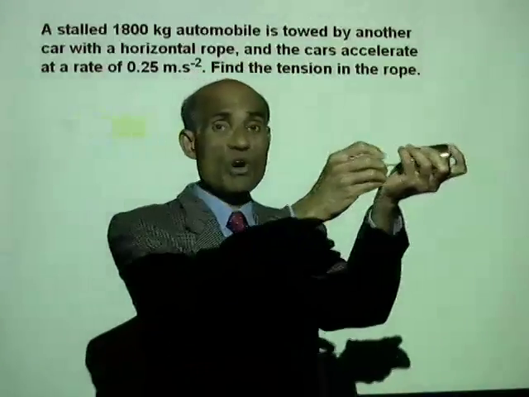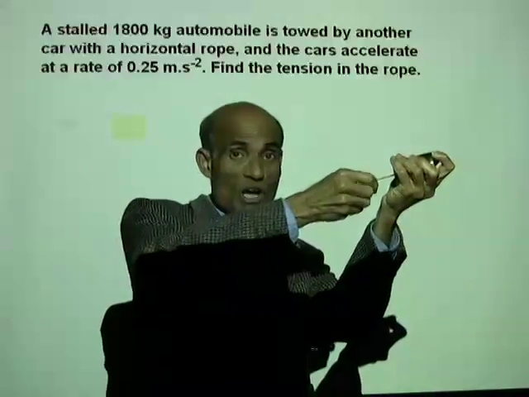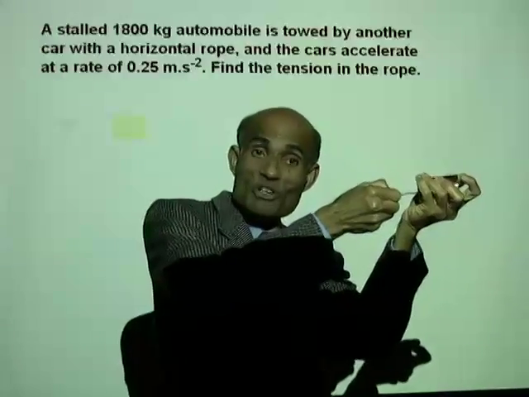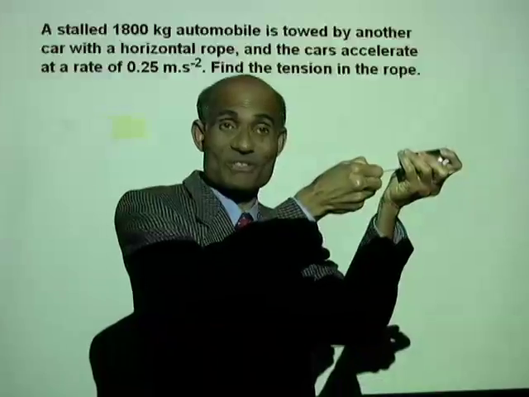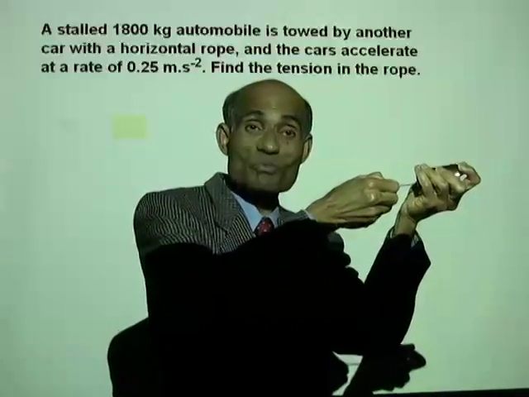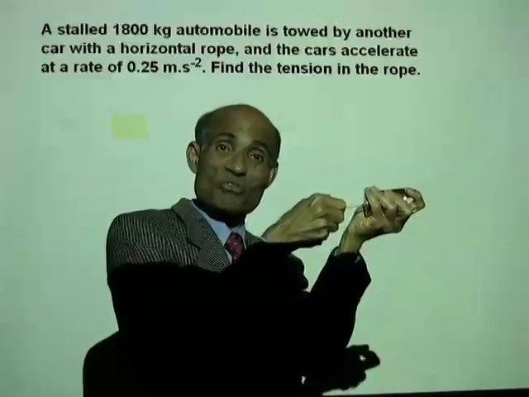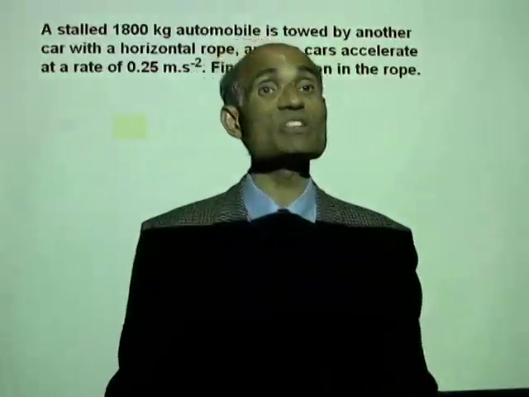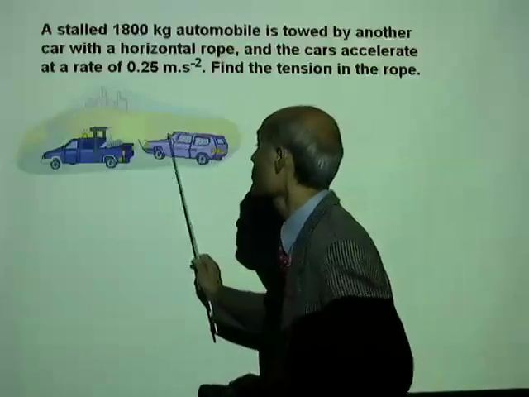So, when a stalled car is being pulled by another car using a cable, the tension in that cable is the net force. The net force to produce the acceleration is actually that tension force, and we are required to find that tension force.